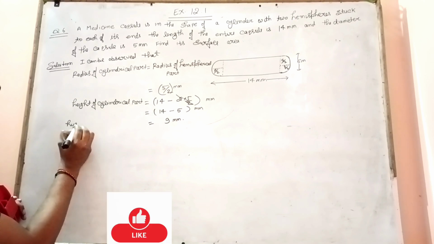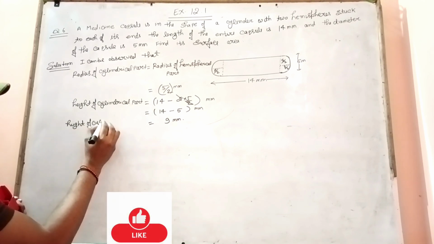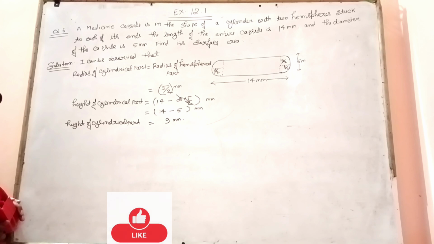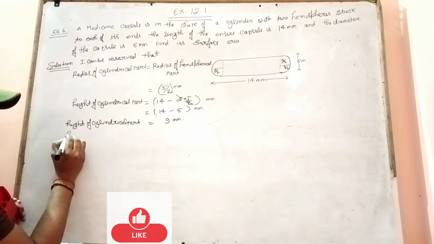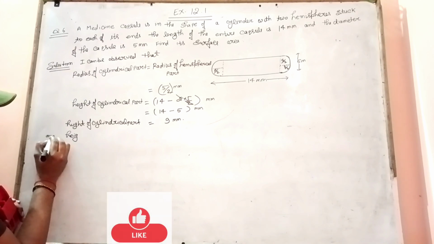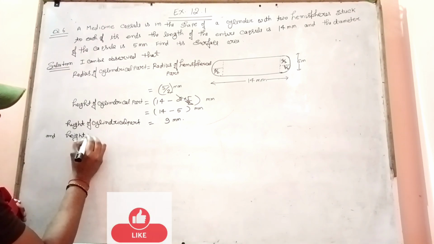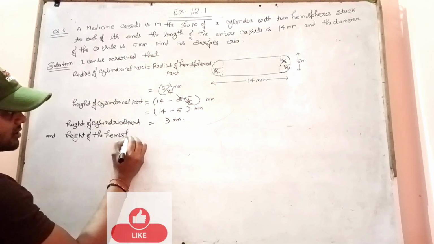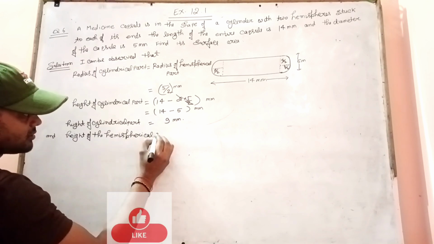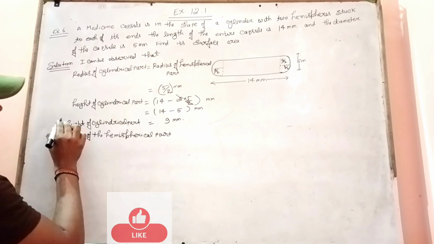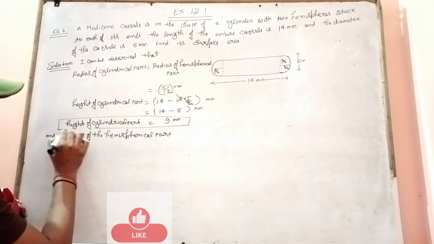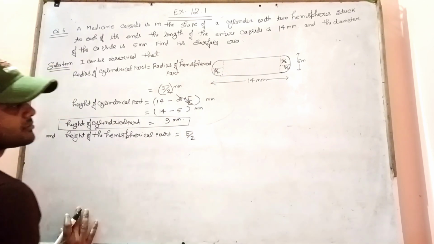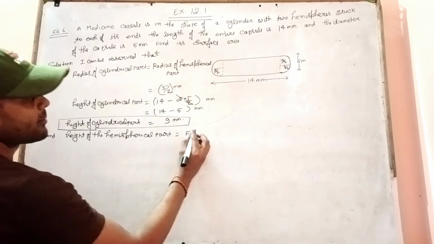Height of the cylindrical part is 9 mm. Height of the hemispherical part is equal to the radius of the hemispherical part, 5/2 mm.